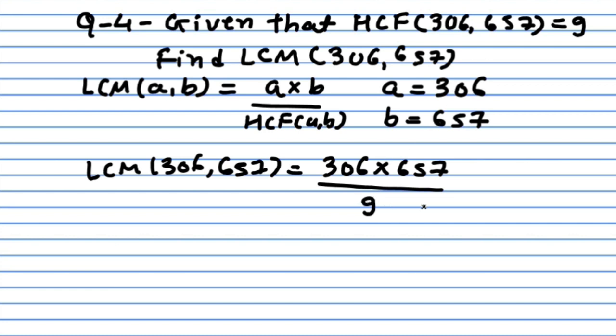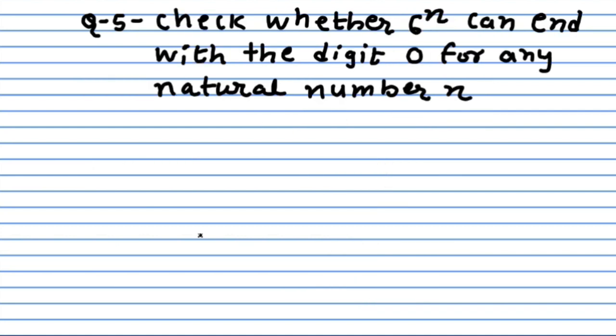If you divide this by 9, we get 34 multiplied by 657, because we can divide 306 by 9 and we get 34. And if we multiply these two, the answer will be 22,338. So this is the solution for question number 4. Now we are going to solve question number 5.